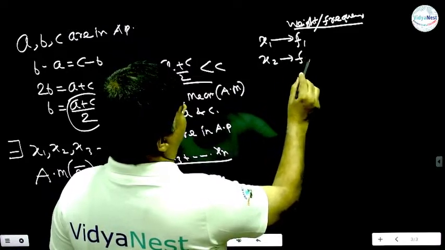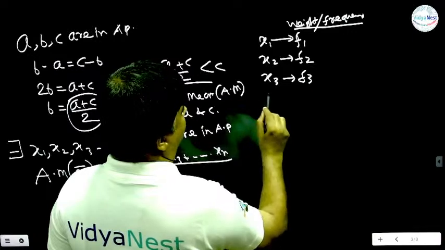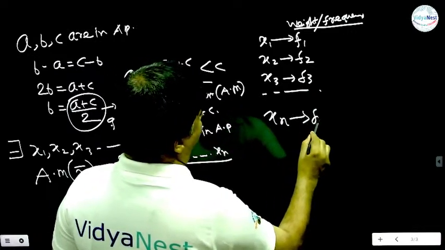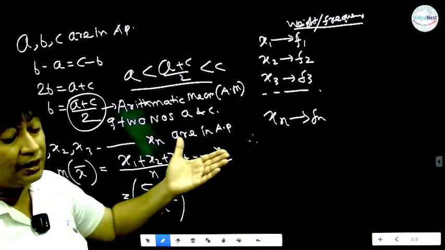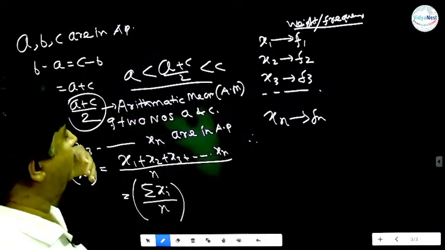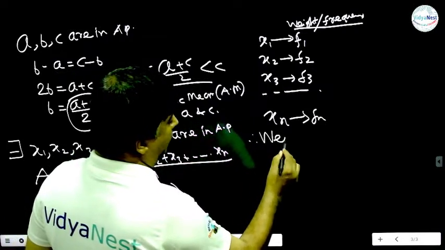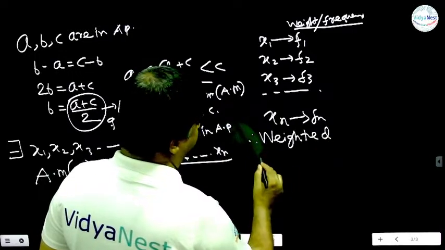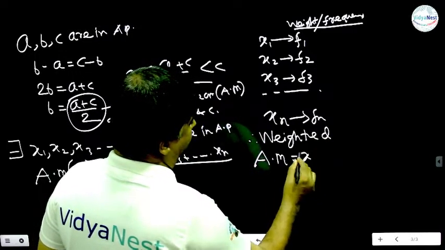X2 recurs F2 times. X3 recurs F3 times. In this way, Xn recurs Fn times. So in this case, the arithmetic mean will be described as weighted arithmetic mean, that is x bar.